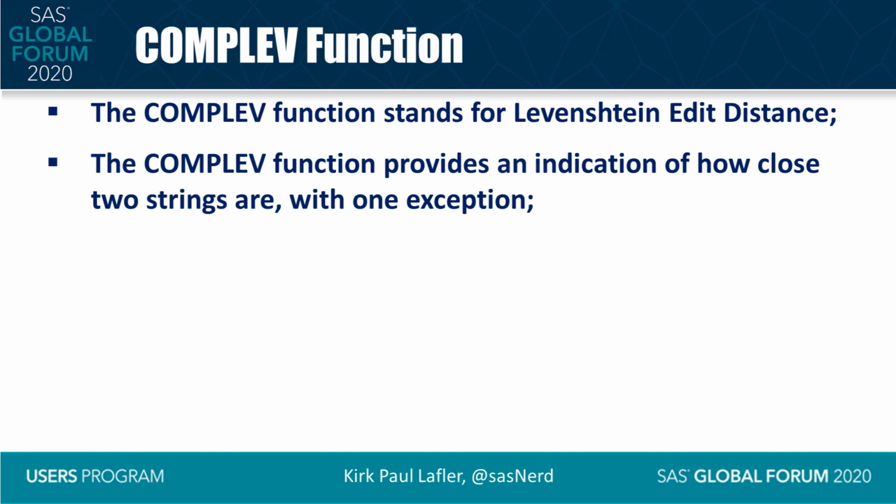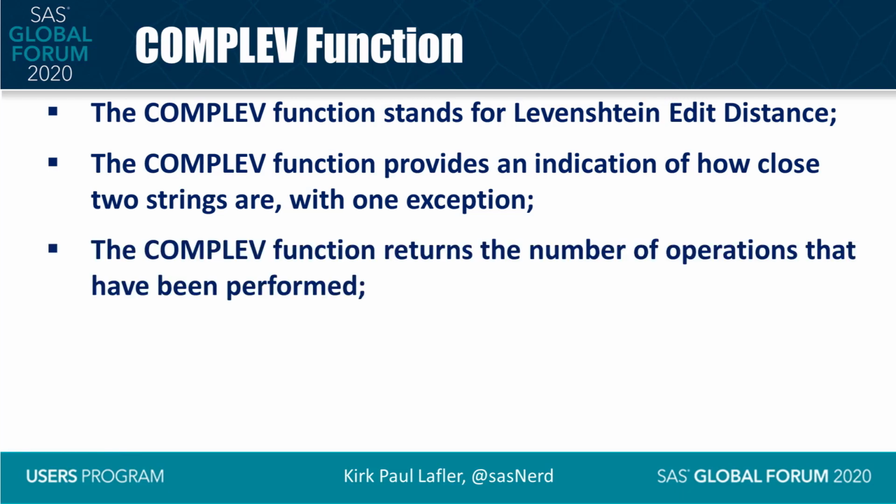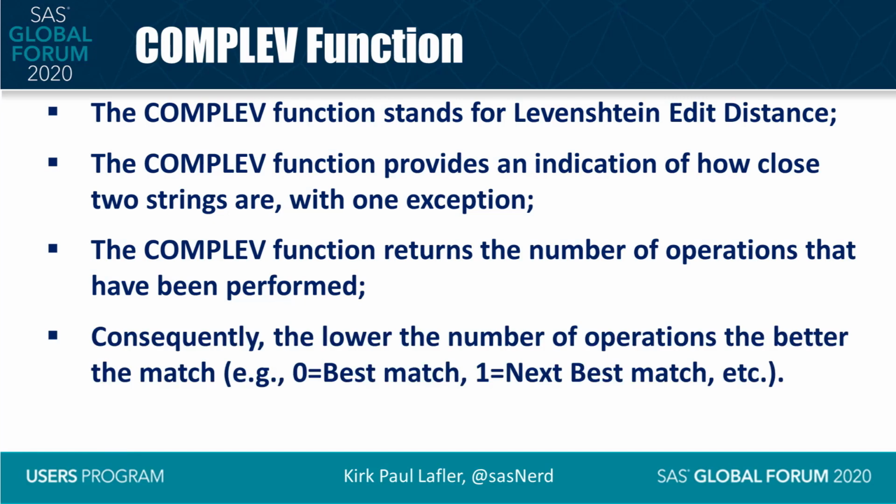The CompLev function returns the number of operations that have been performed to make string 1 match string 2. The more operations that are performed, the less likely that there's a match. Consequently, the lower the number of operations, the better the match. For example, 0 equals best match, 1 next best match, etc.